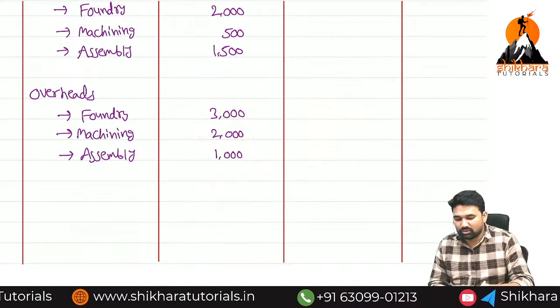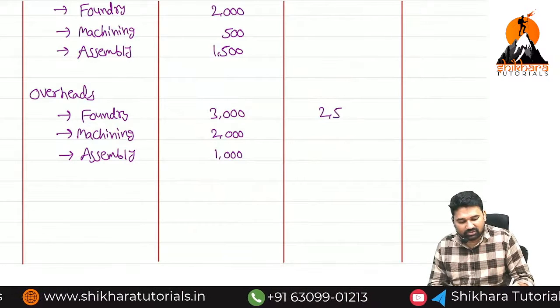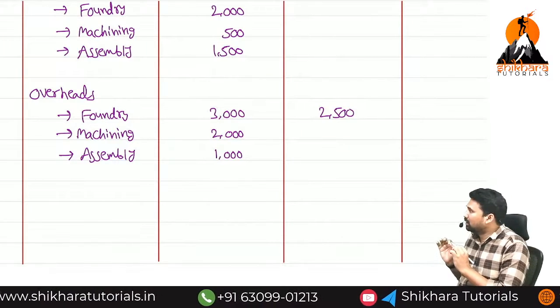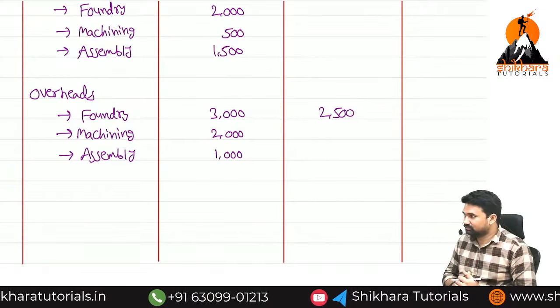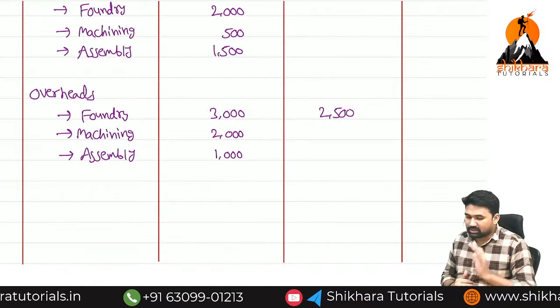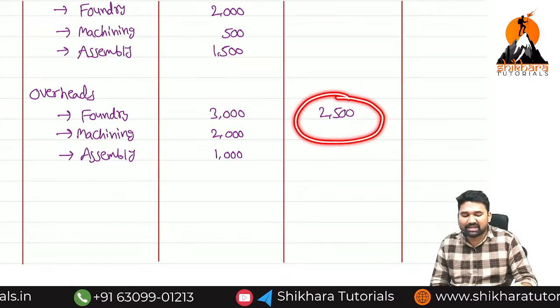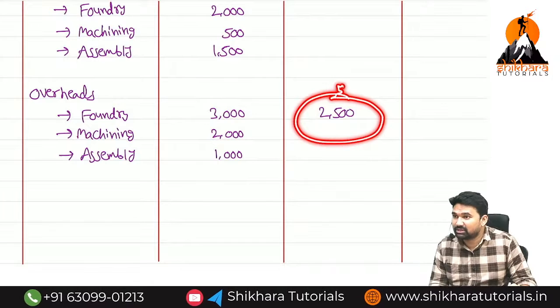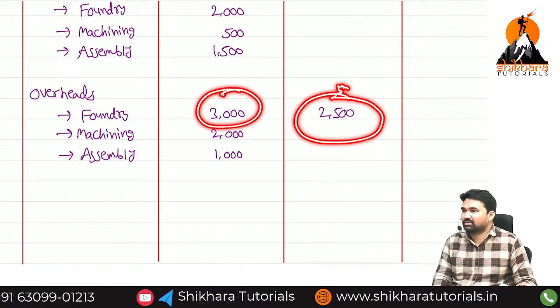Listen carefully. 2500. Do you really have the clarity how we have arrived at 2500? Clear? So listen. You estimated the expenditure as 25. But your actual expenditure is 3000.